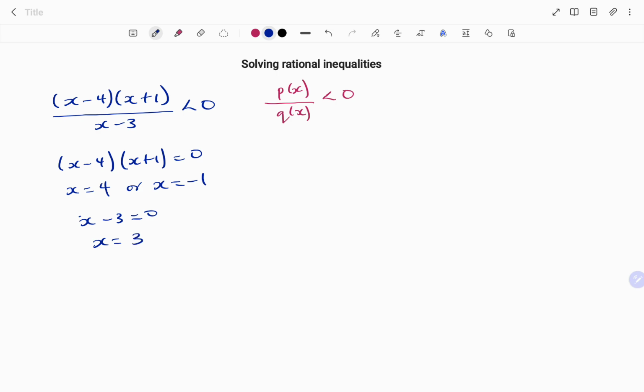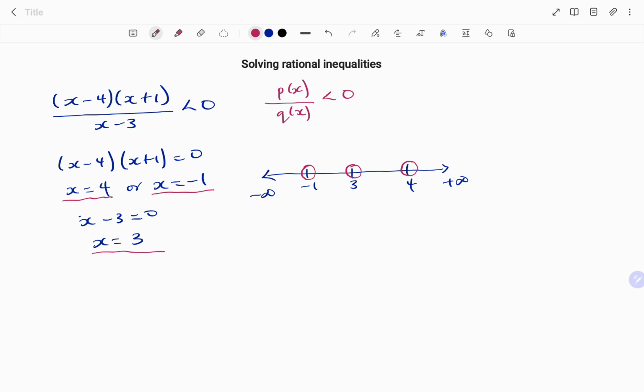You can pause the video and use your number line to find the positive and negative regions for this question. Our solutions are x equals 4, x equals minus 1 and x equals 3. We're going to have open circles for all the solutions.